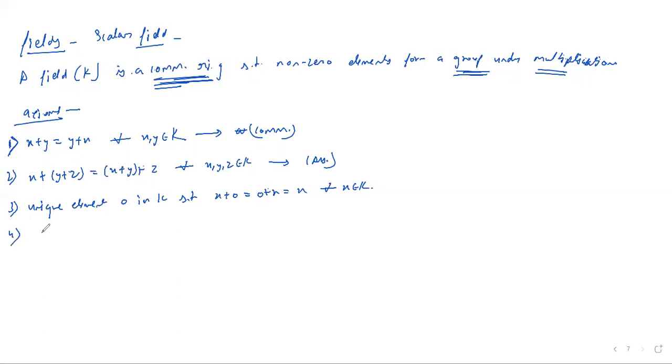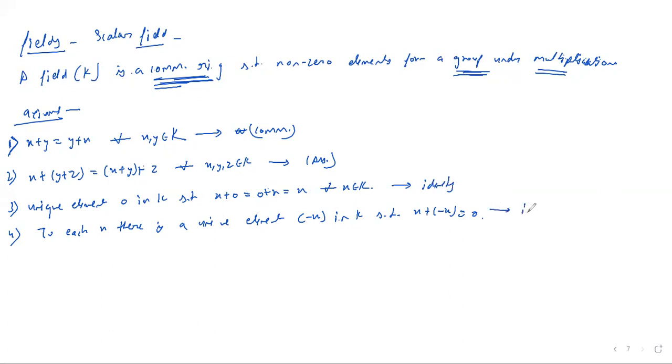The fourth one is that to each x there is a unique element minus x in K such that x plus minus x equals 0. This is the existence of the identity element, and this is the existence of the inverse.